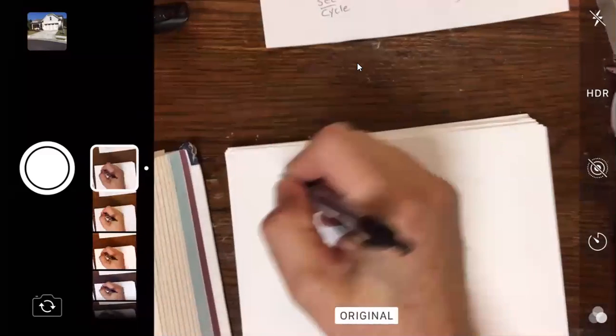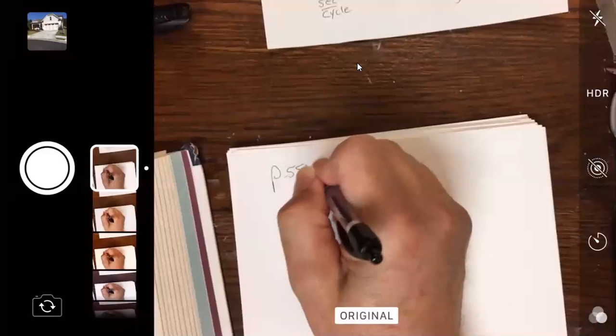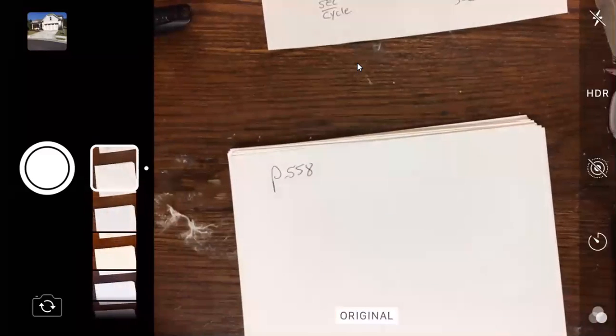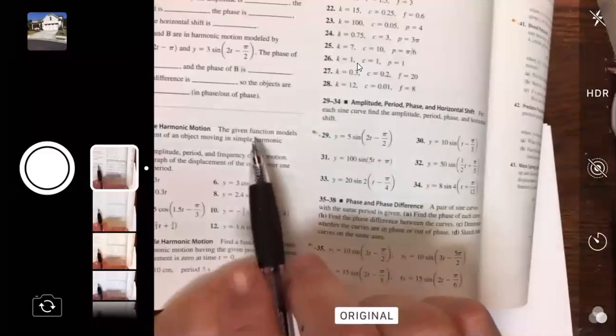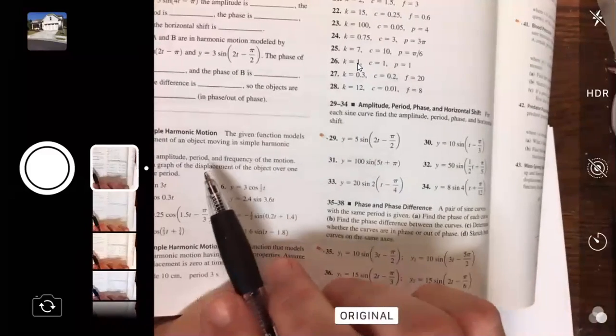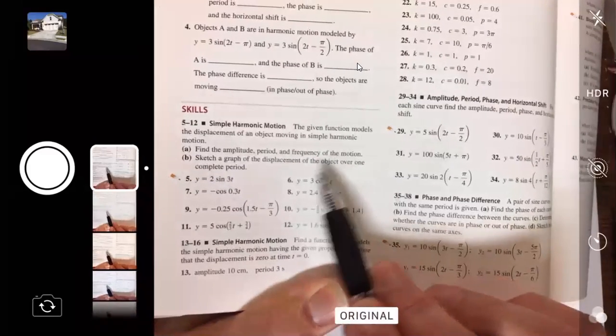So if you look on page 558, a given function models displacement: find amplitude, period, and frequency, and then sketch a graph.